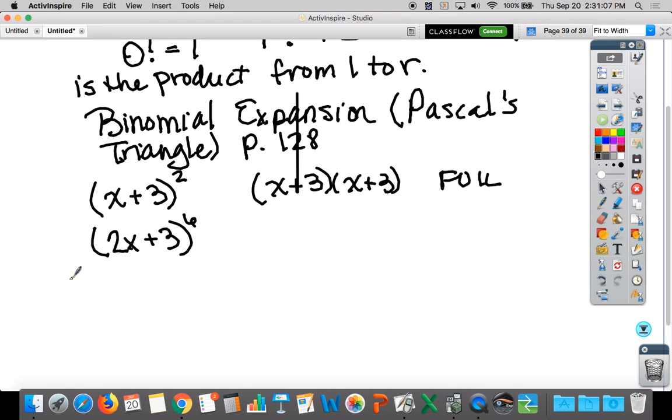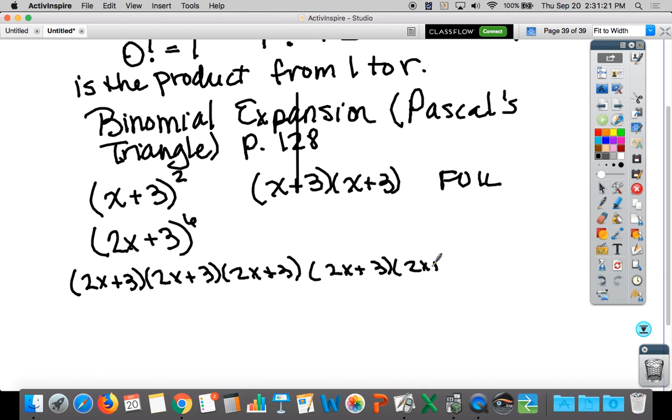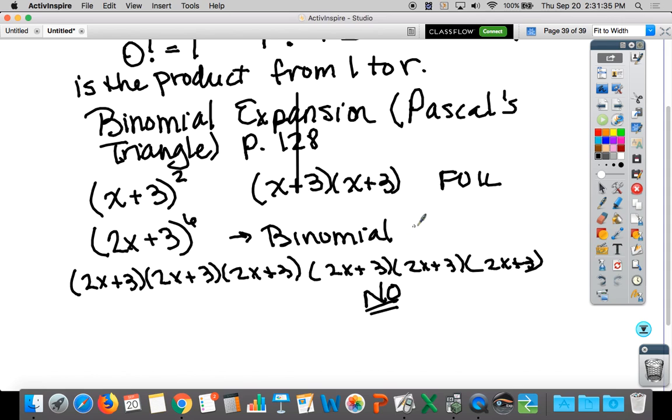You really do not want to FOIL these out. You do not want to do that. You want to use what we call the binomial theorem or expansion.